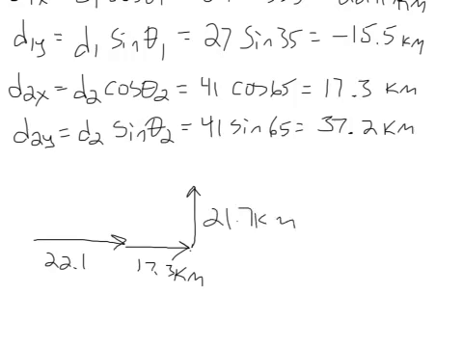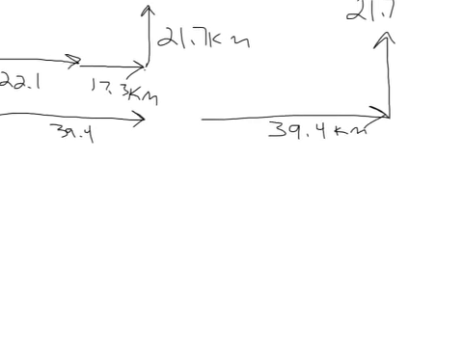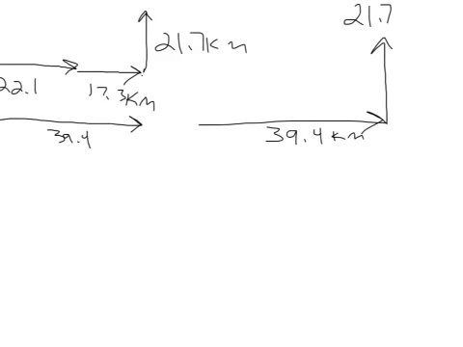And we can add the 22.1 and the 17.3, and we end up with 39.4. So what we really have here is a displacement with an x component of 39.4 kilometers and a y displacement of 21.7 kilometers, and all we have to do with this is find our resultant.